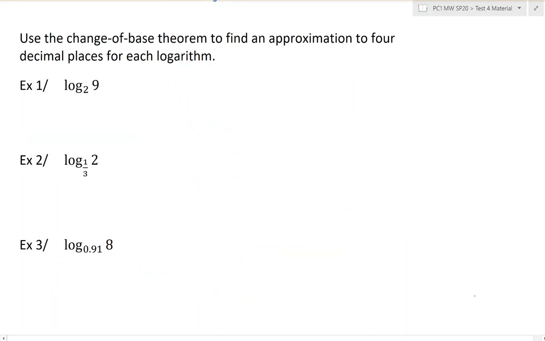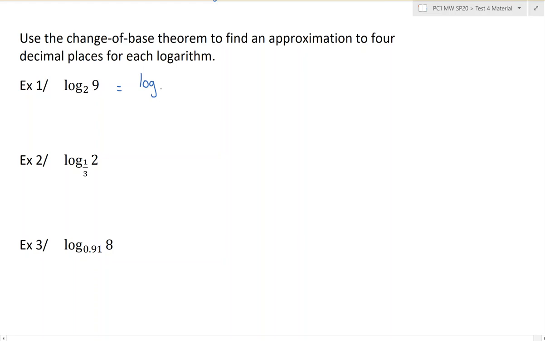We're going to use the change of base theorem to find an approximation to 4 decimal places for each logarithm. So this is, according to the change of base theorem, we could write this as some log base b of 9. Why don't we use base 10 since we have base 10 in our calculator?